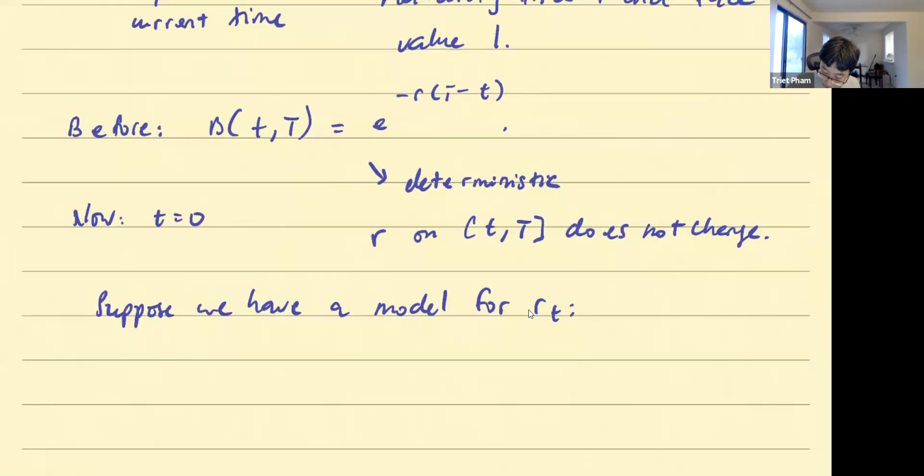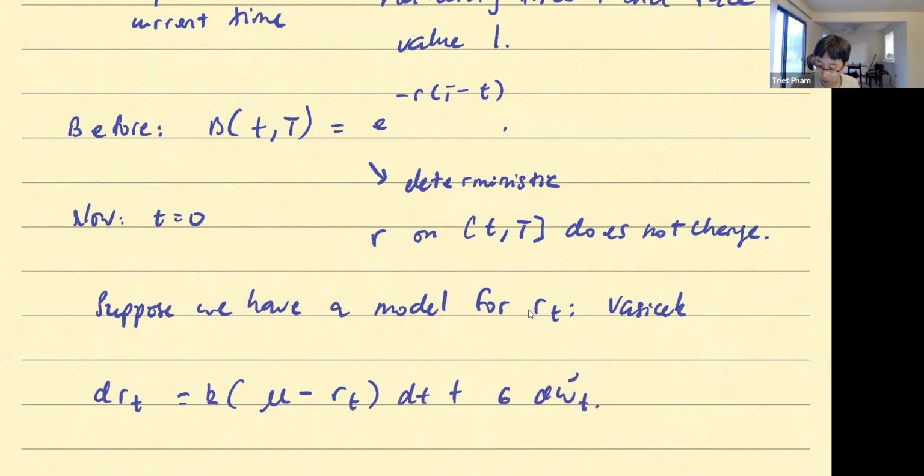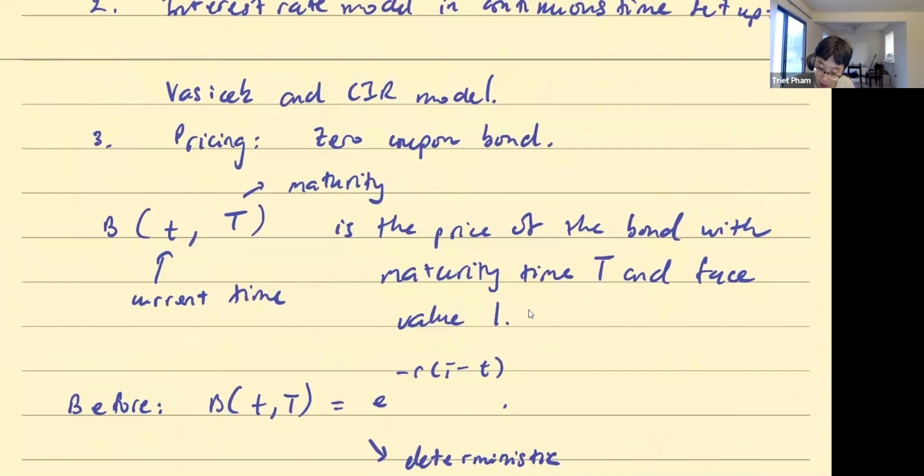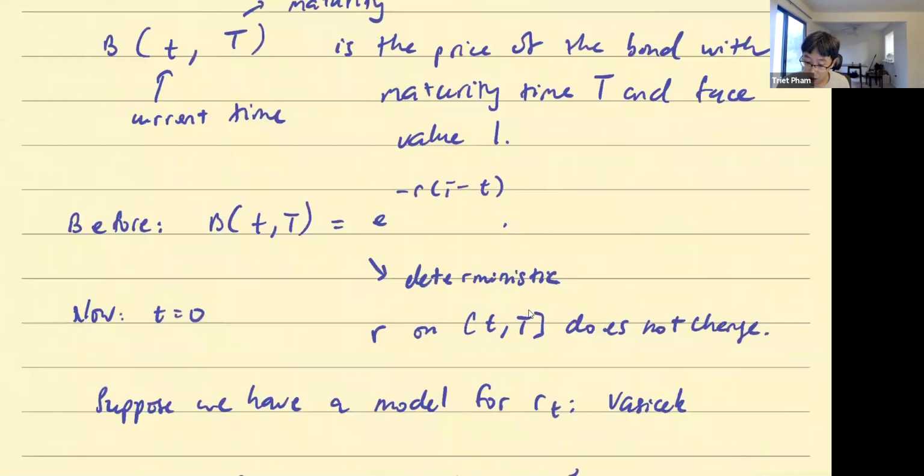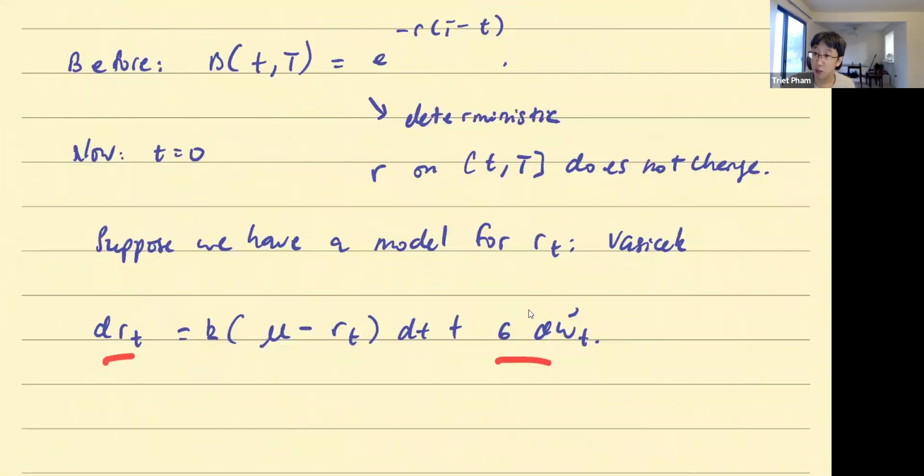That means the interest rate moves like dr(t) = a(b - r(t))dt + sigma dW~(t), like this. Then how does this relate back to the bond price? That's the one thing about the pricing equation: we want to price the bond given that we have an interest rate model.